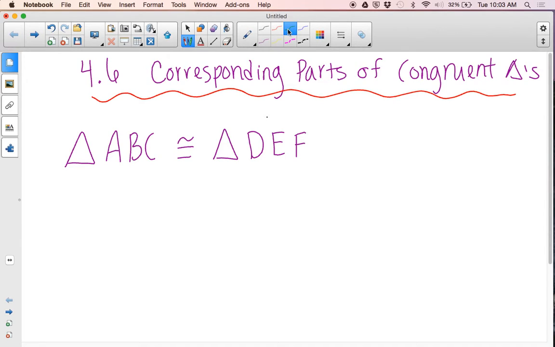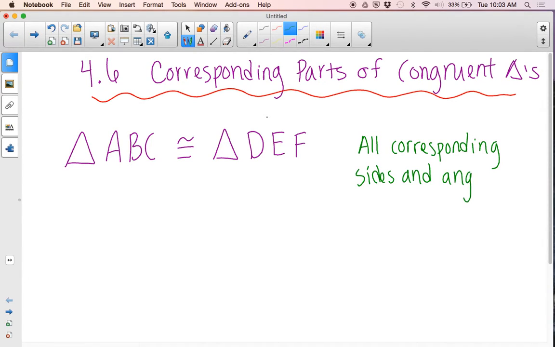So what I'm going to write over here is that all corresponding sides and angles are congruent. And that's kind of your main takeaway here. I'm going to box that in yellow, highlight it.